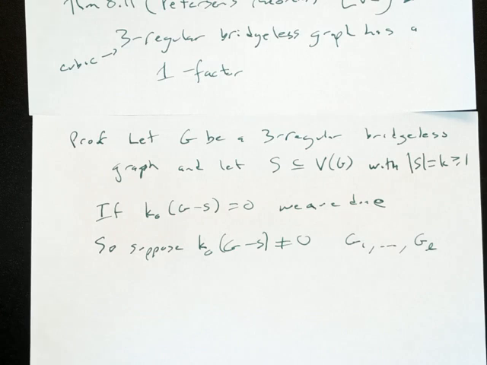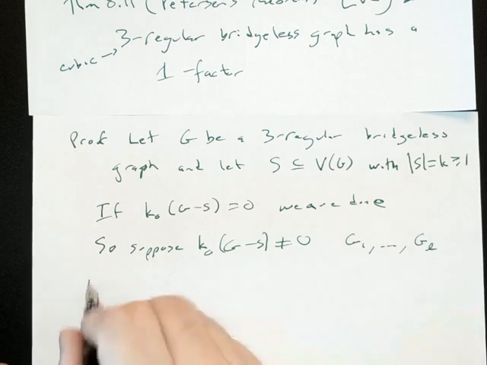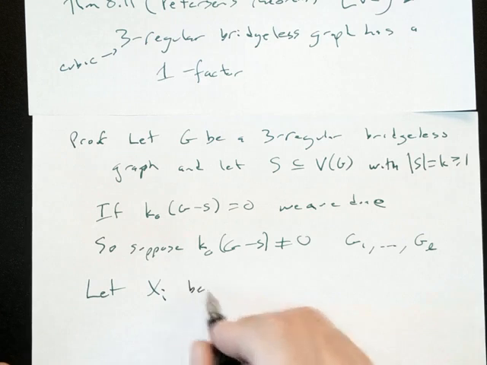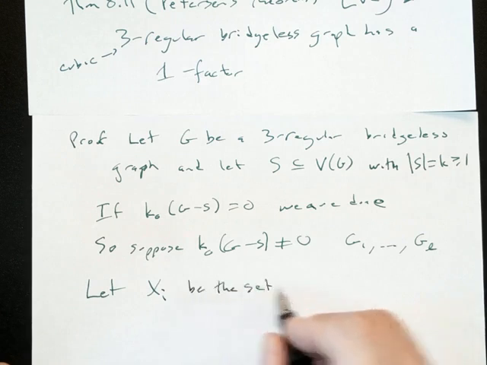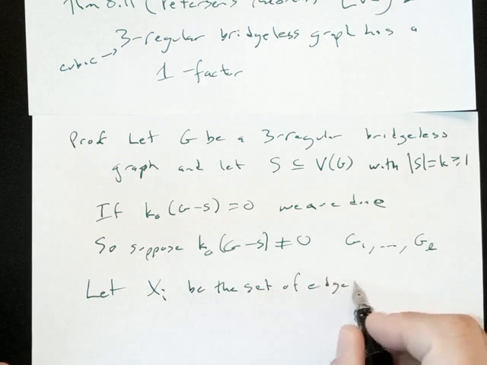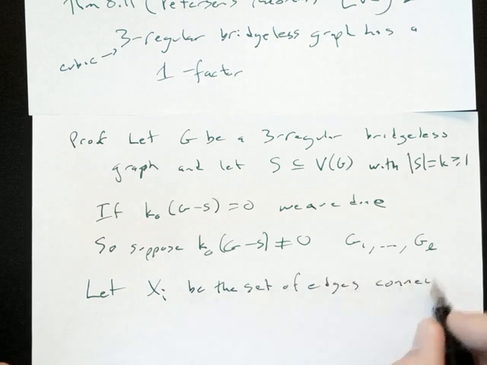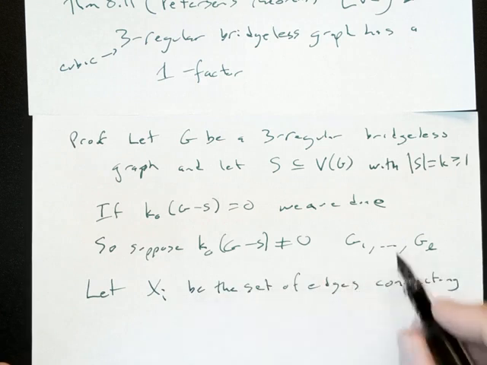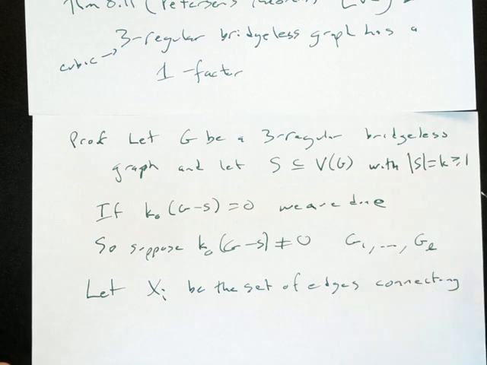I don't have a one-factor yet. I'm trying to build one, or at least show that I have fewer components to know that I will get a one-factor. So let Xi be a set of edges. Not just any set of edges, the set of edges connecting each of those odd components to vertices in S.